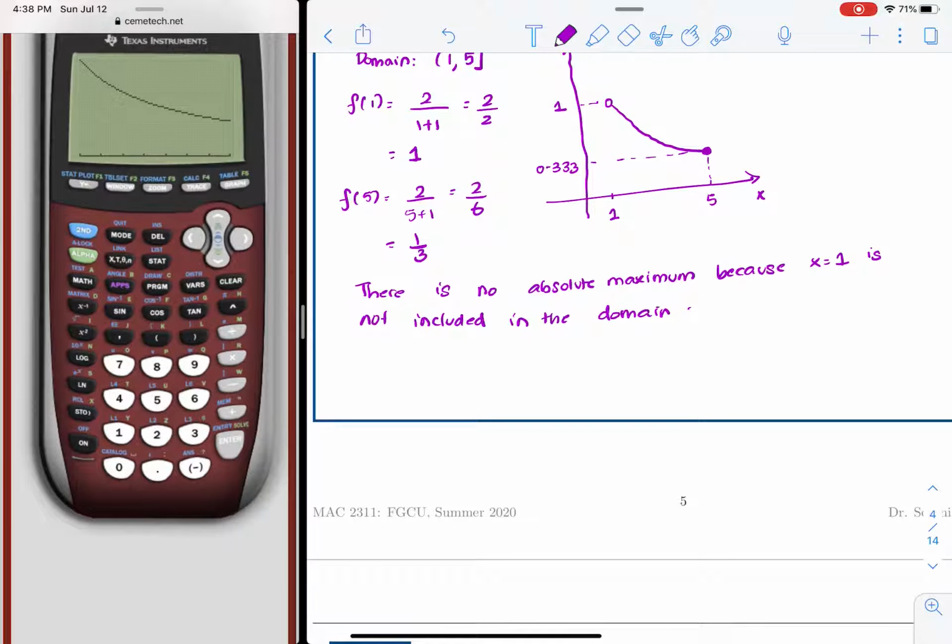Is there an absolute minimum? The absolute minimum occurs at x is equal to 5.